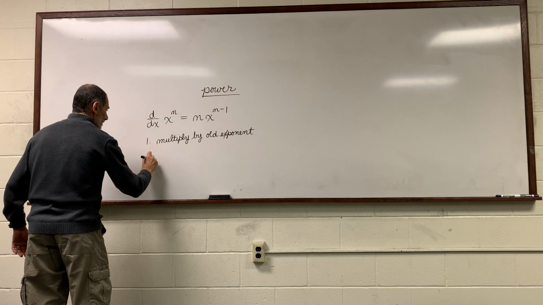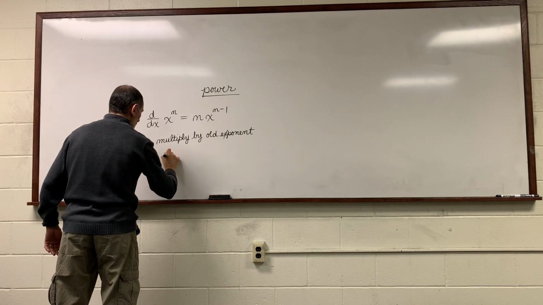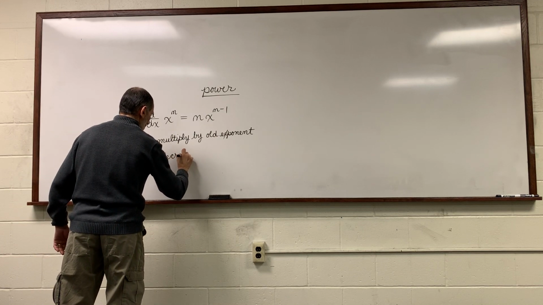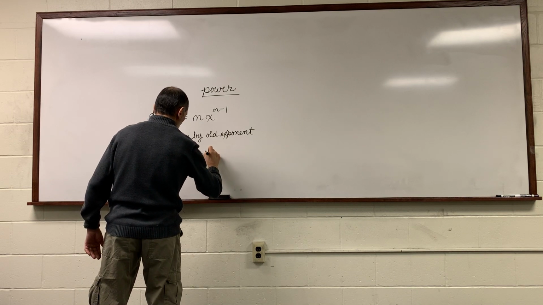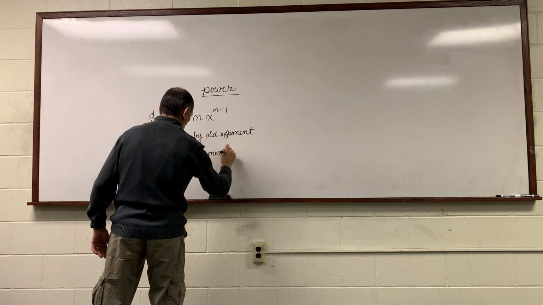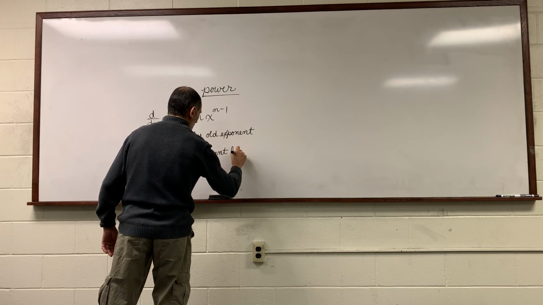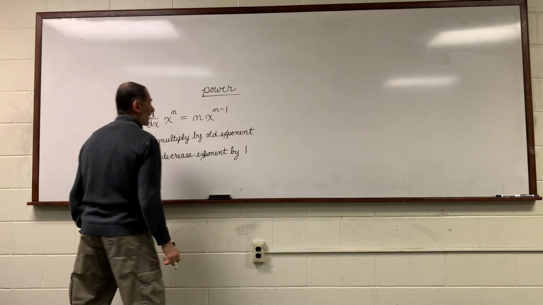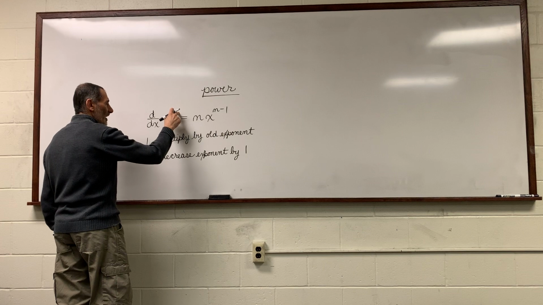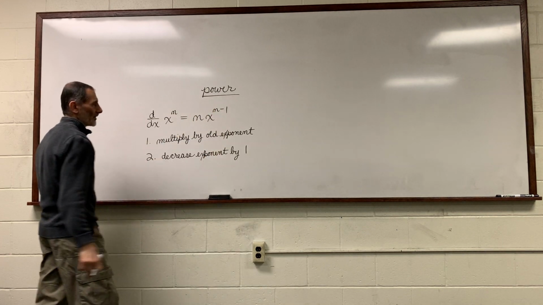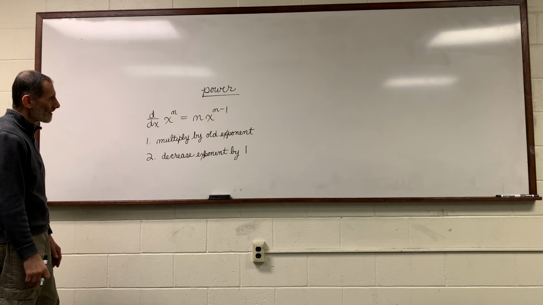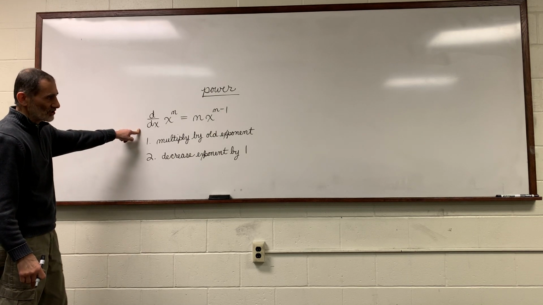And step 2 is to decrease the exponent by 1. And that's exactly what we did. We had the old exponent here, multiplied by it, then decreased by 1 to get a new exponent. That's the power rule for differentiation.